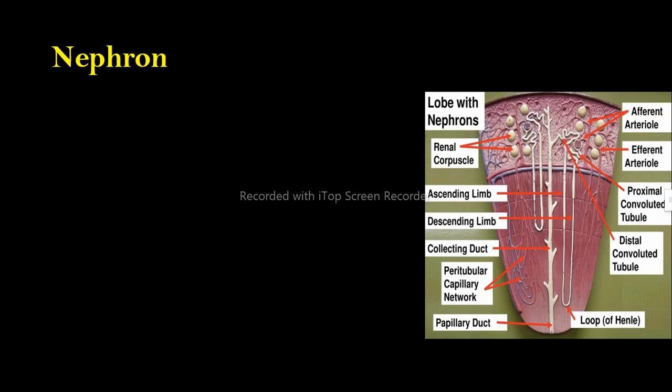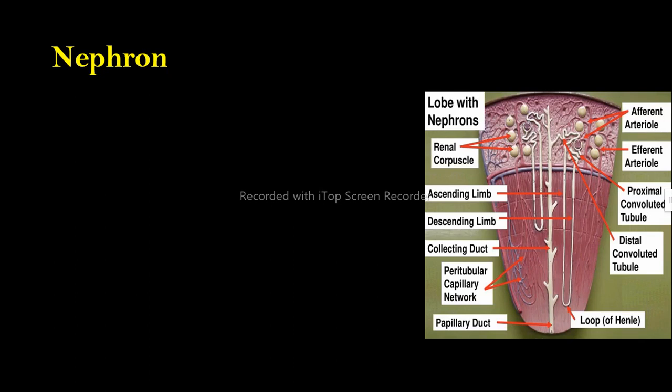Like how we saw in coordination that a neuron is the functional unit. You remember that? Like how we saw in eyes, the cone and rod cells, they were the functional unit of the eye. You remember?